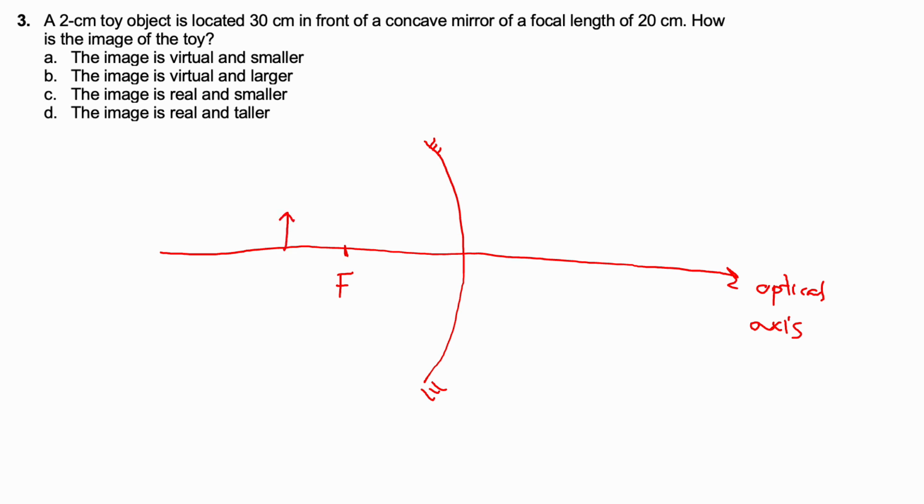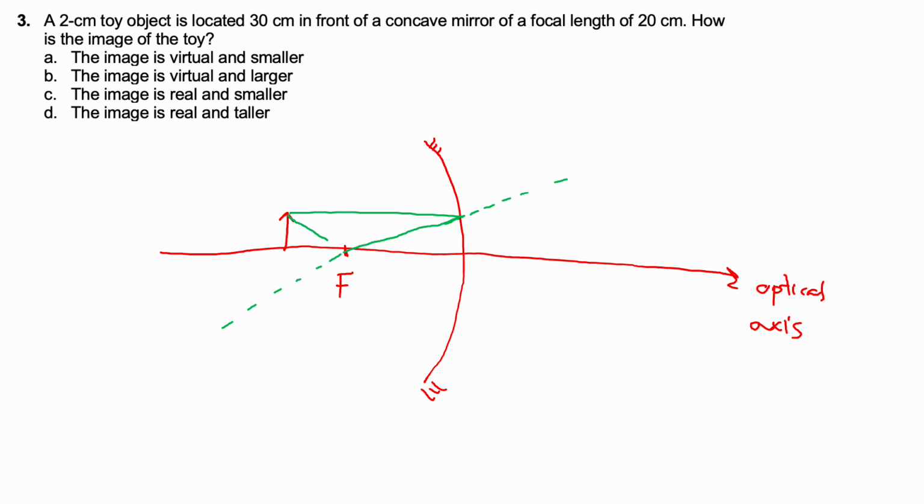So the first ray is the one that goes parallel, and then from here it passes through the focal point.